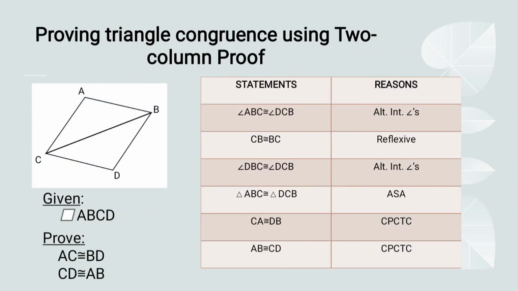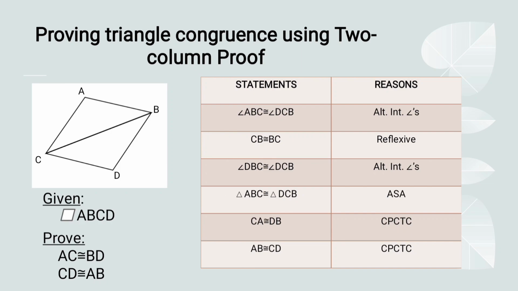So, proving triangle congruence using a two-column proof. We have two triangles, triangle ABC and BCD. The given is parallelogram ABCD. We need to prove that AC is congruent to BD and CD is congruent to AB.